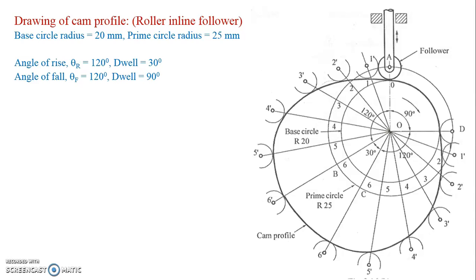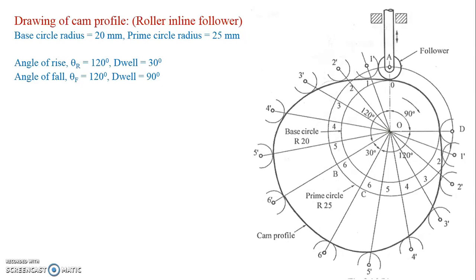Then, because you know that it is an inline follower, from the center of the CAM, that is O, draw a vertical line to the prime circle to get A. Then start identifying the angle of lift, dwell, fall, and then again dwell.